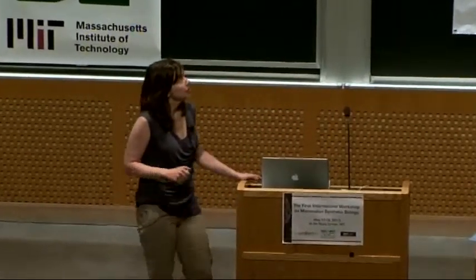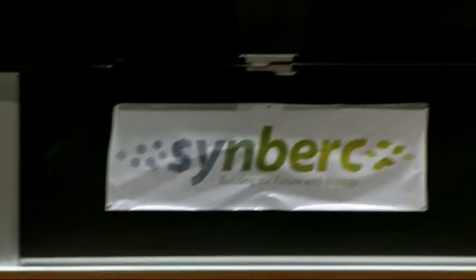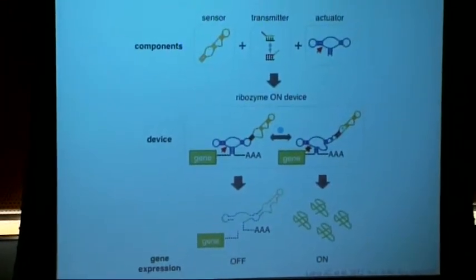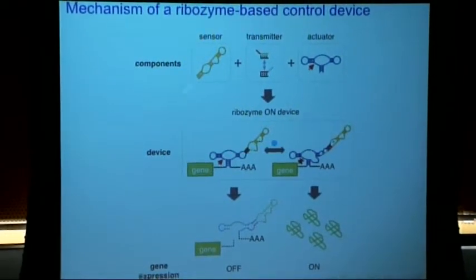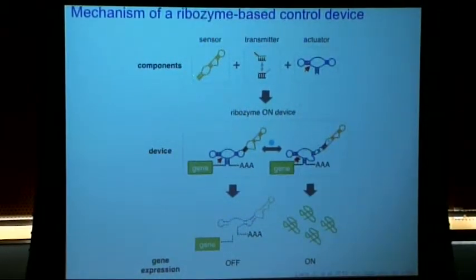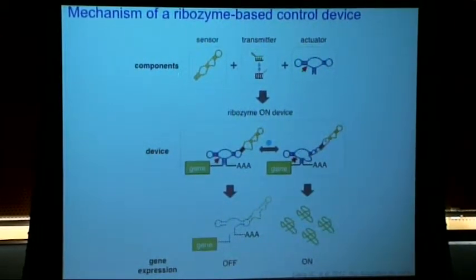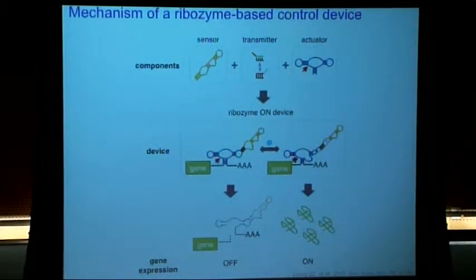Okay, so let's first go into the example of these ribozyme-based control devices. This slide gives you an overview of how we design them and how they're designed to work. The idea is that we identify sequences of RNA that have the sensing function we desire, the actuation function we desire, which here is a self-cleaving ribozyme, or self-cleaving piece of RNA, and then a transmitter element, which essentially links the two.